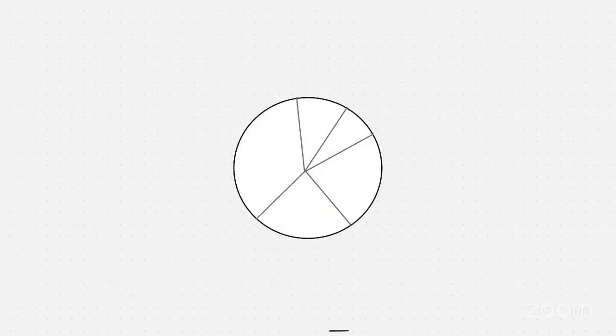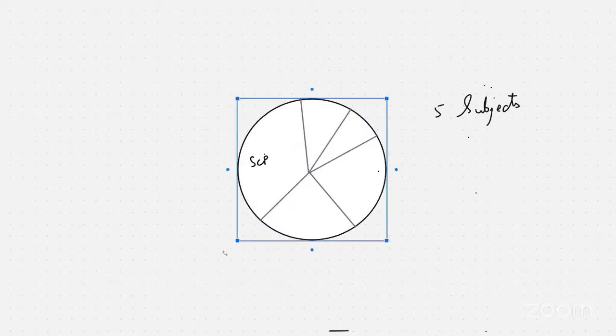Now, for example, there are 5 subjects. This chart is based on what subject a student likes the most. So this is science. This is computer.